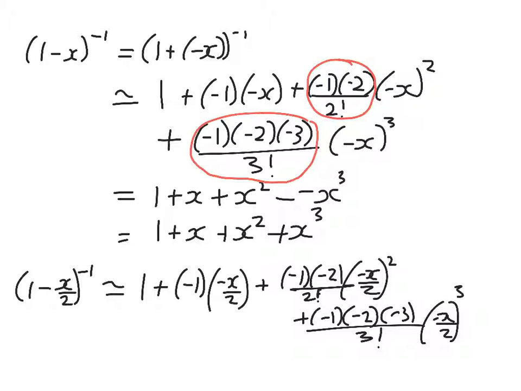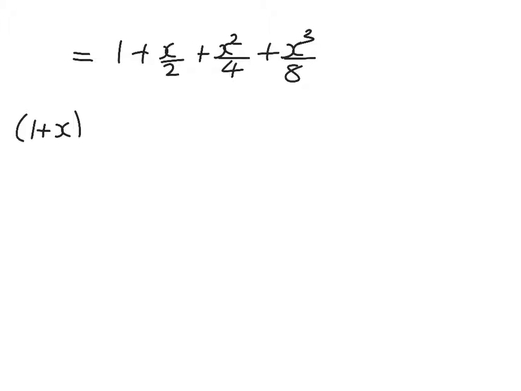Alright, so we've got to clean that up. We'll do that on the next slide. So that equals 1 plus x over 2 plus x squared on 4 minus a negative, so plus x cubed on 8. So that's the second one done, and the last one is the easiest of the 3.